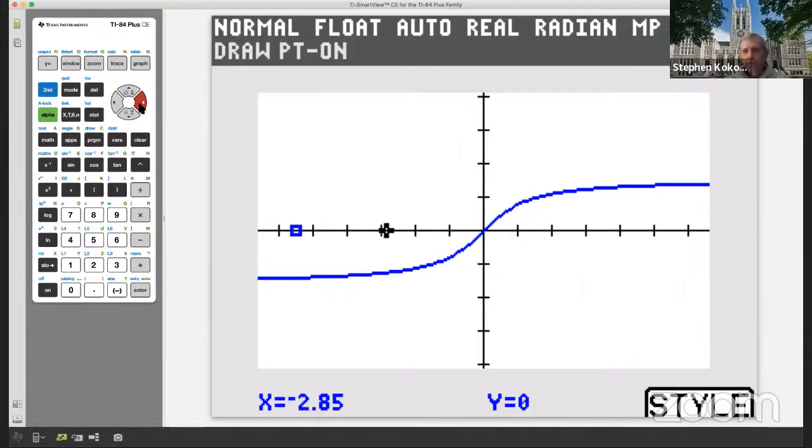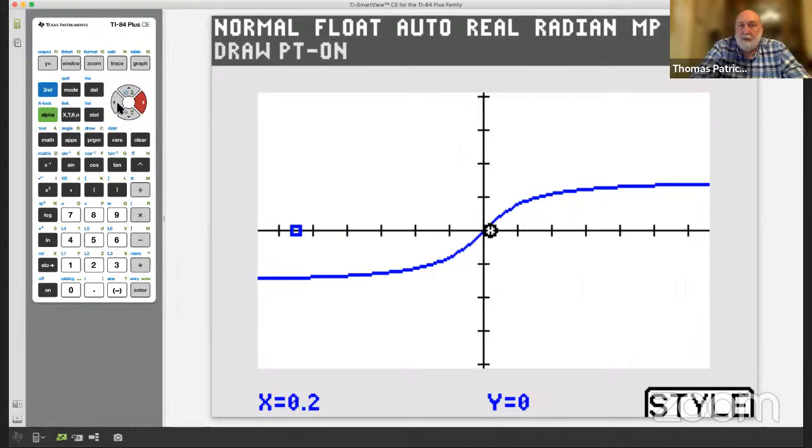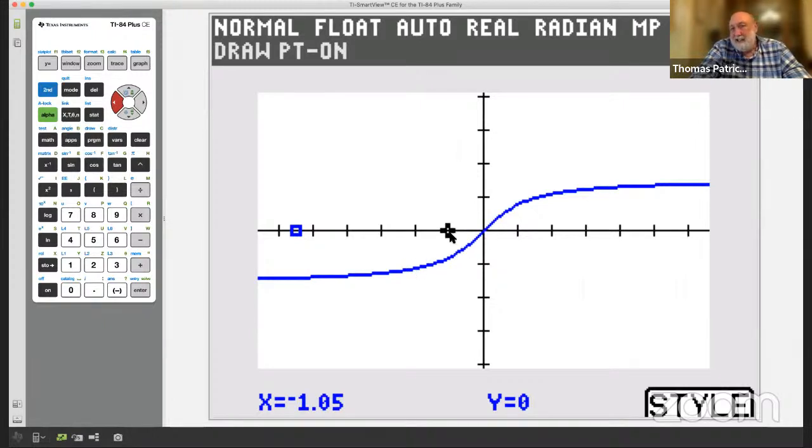Now let me move over here. Whoops, a little bit too far. Let me move around here close to -1. And here the slope looks like, if I think of a tangent line, about a run of 2, a rise of 1. I'm going to say it's about a slope of 1/2.